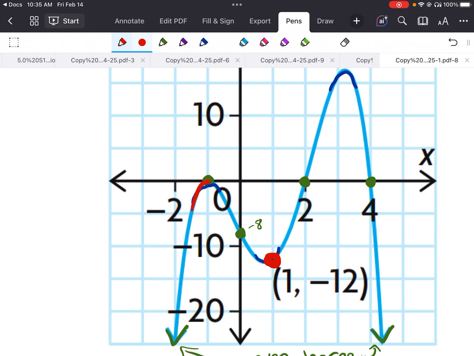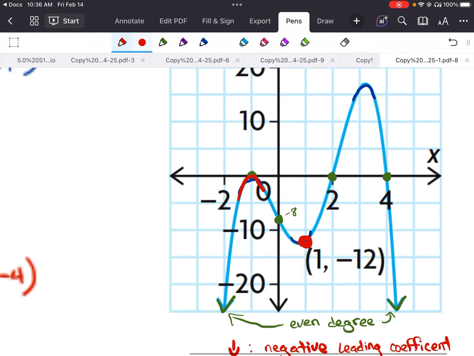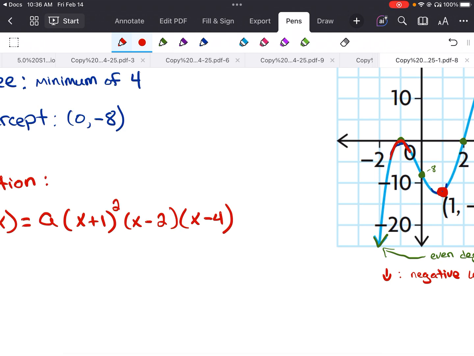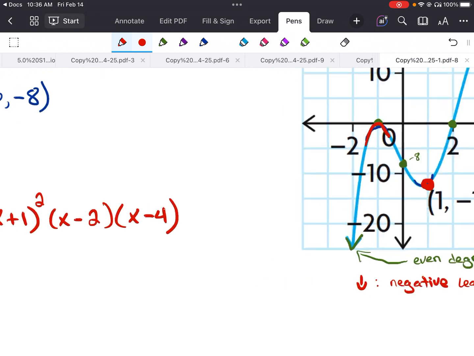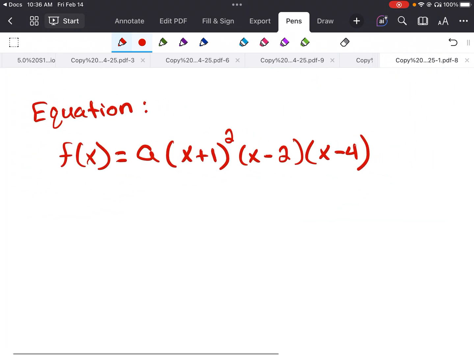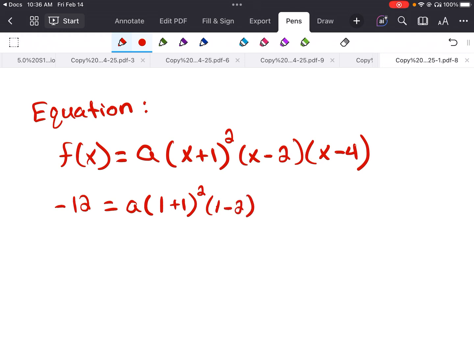Now we look at our x-intercepts, we see that at -1 it touches and turns, and it does so without getting so flat, so we're going to say that at x + 1 it is squared. The other 2 go straight through, so they will just have a multiplicity of 1. Then we're going to add the point that we know, which is (1, -12), so the y is represented by -12, and each x is represented by 1.